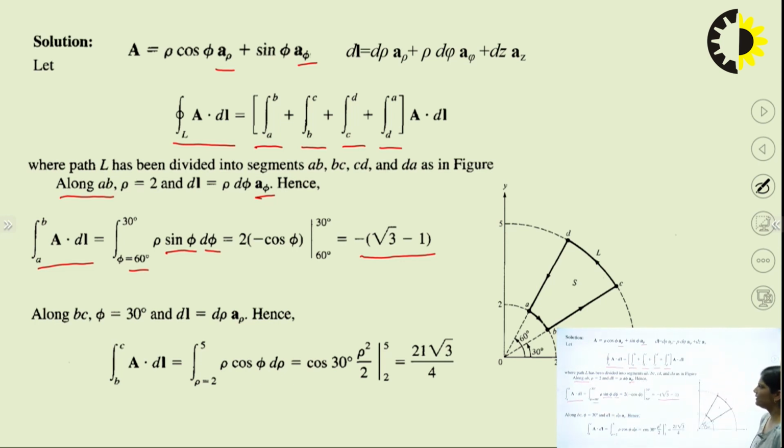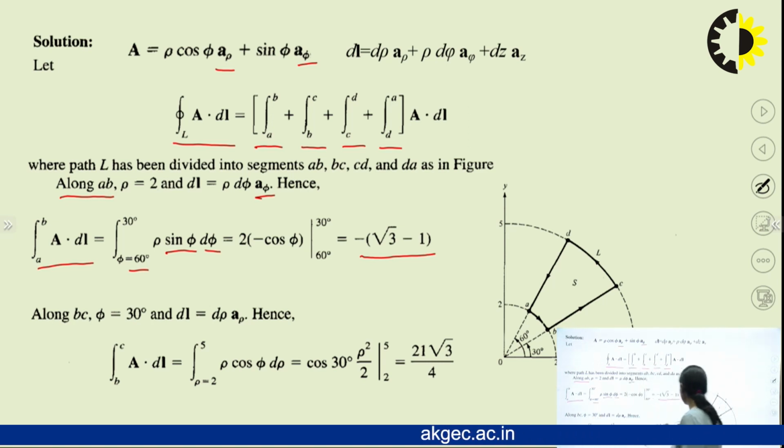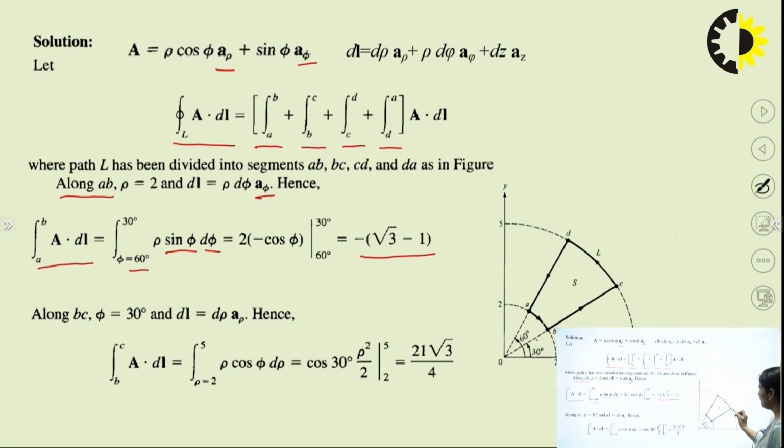Okay. Now for line integral for B to C, so again B to C, your phi is equal to 30 degree, and DL is equal to d rho unit vector of rho, means here you can write down for rho your d rho a rho, so unit vector of rho.